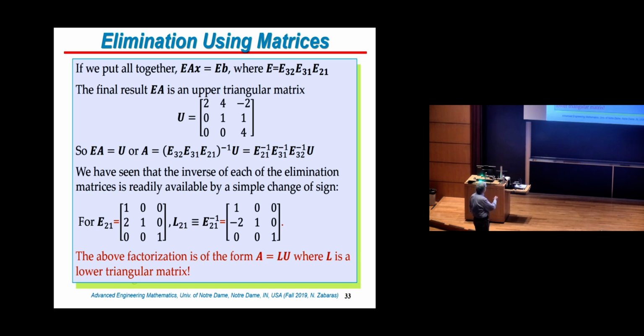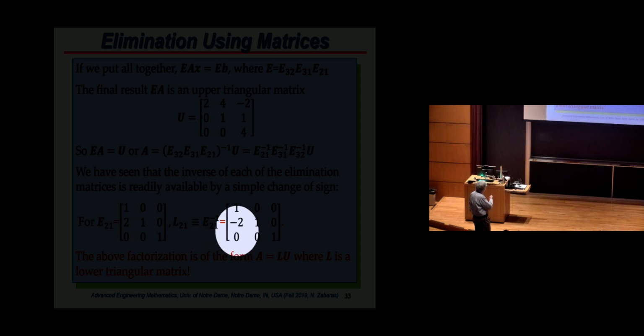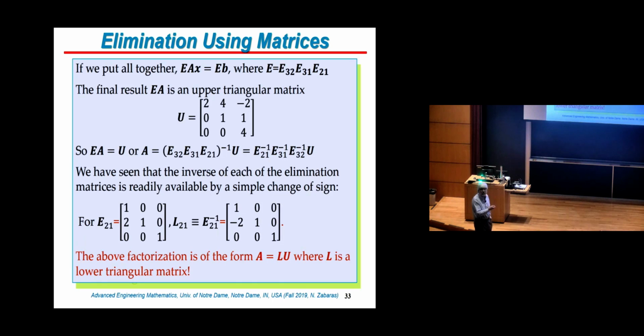So let's see. I remind you, you can actually test it. If E21 is like that, that's the correct form. E21 is like that. The inverse, instead of -2, has 2. So you remember on the inverse, what do we put below the diagonal?